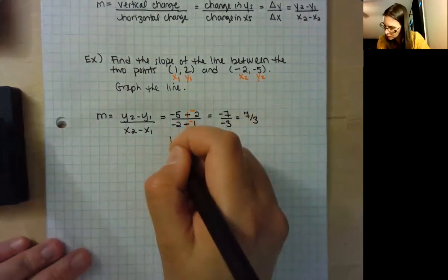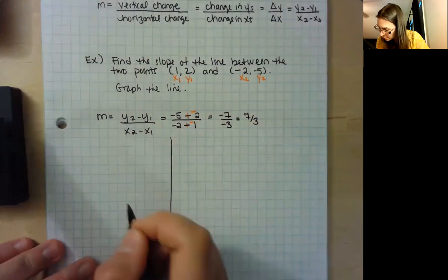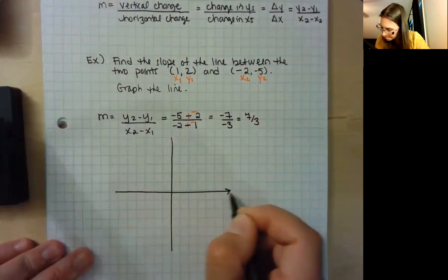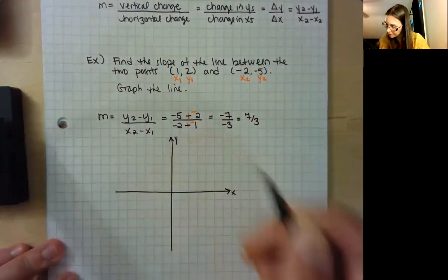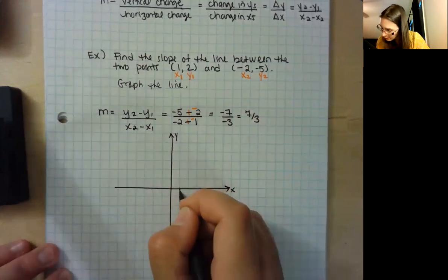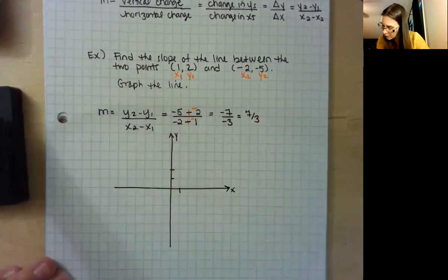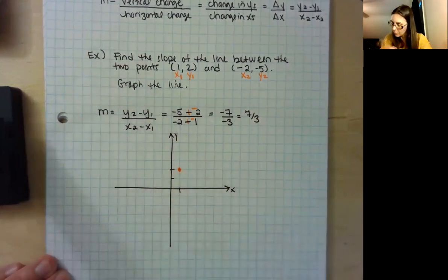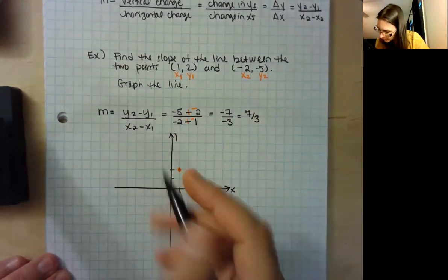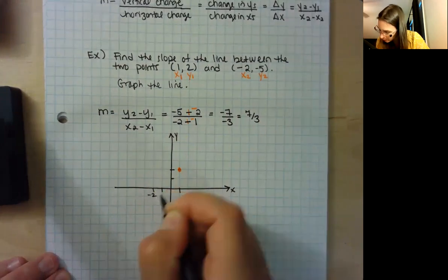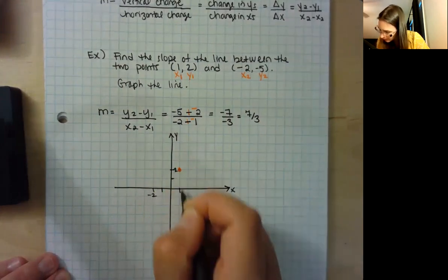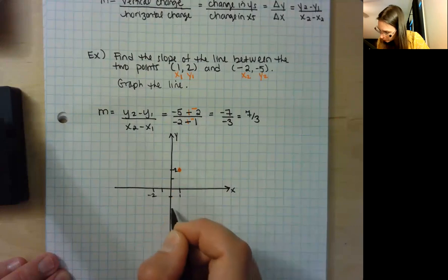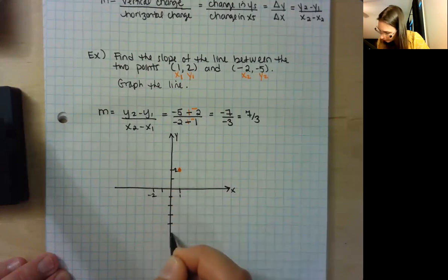And I'm also going to graph this just so you can see what it looks like. All right, so here's my first point, (1, 2). And then let's see, we got to go over to -2, and then down 1, 2, 3, 4, 5.